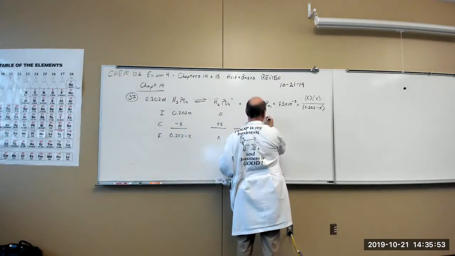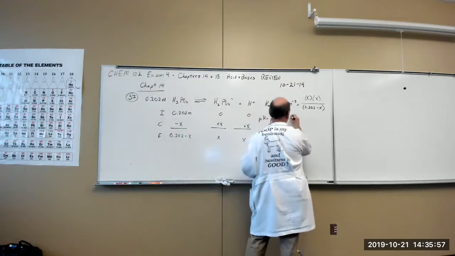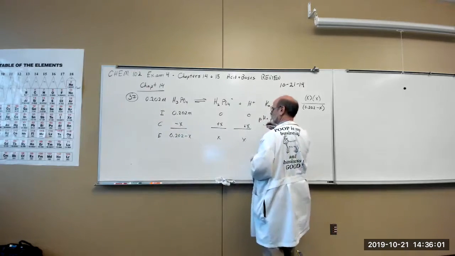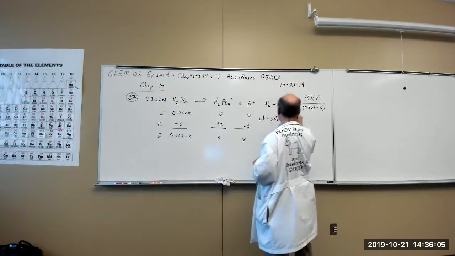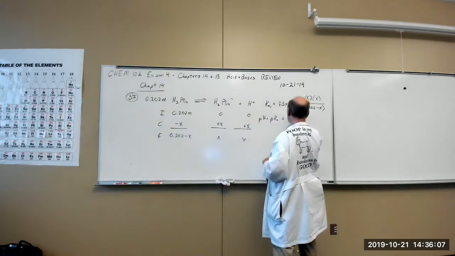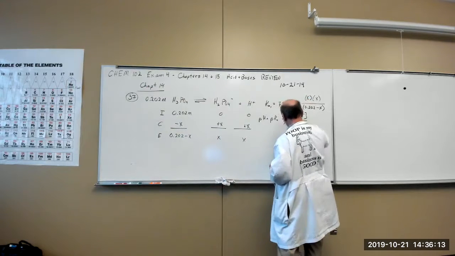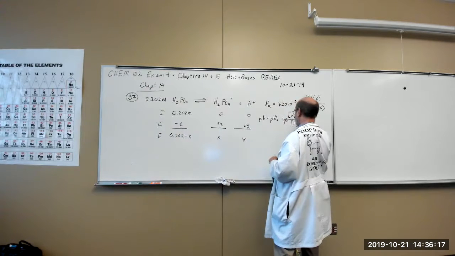So the pH is equal to the pKa plus the log of the concentration of base divided by the concentration of acid.